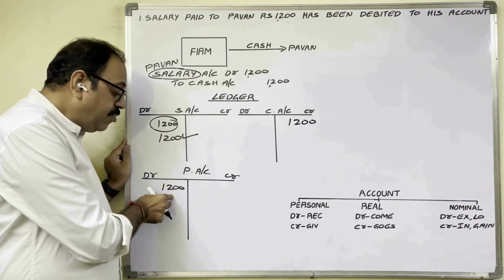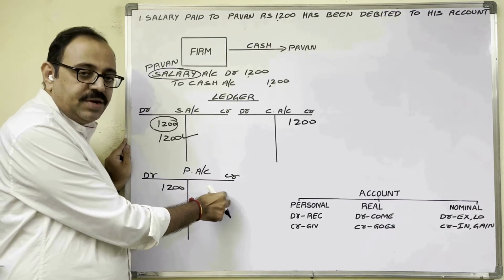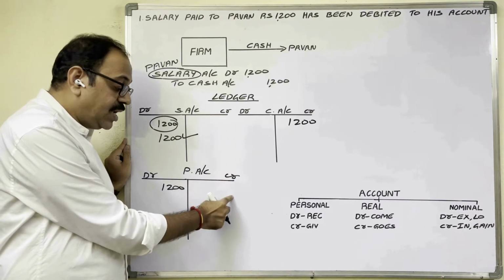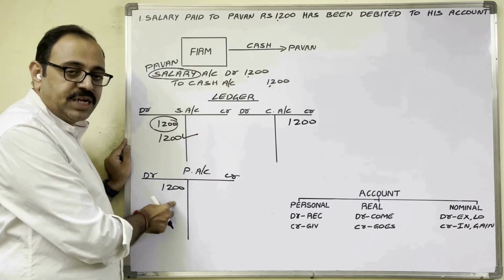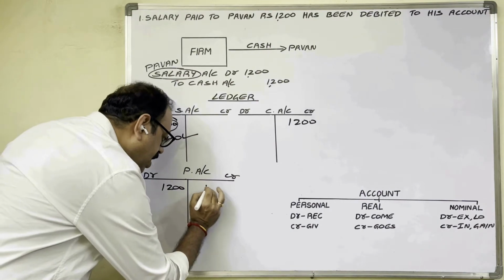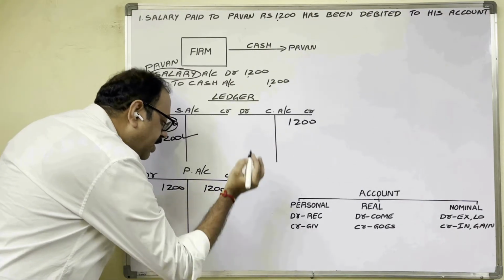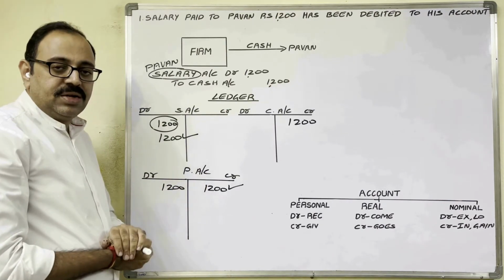If you want to cancel any debit amount, you have to write the same amount on the credit side. Similarly, if you want to cancel any credit amount, you have to write the same amount on the debit side. Now I want to cancel a debit amount, therefore we should write 1200 rupees on the credit side, so that these two amounts will get cancelled.